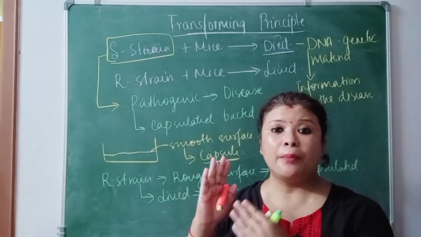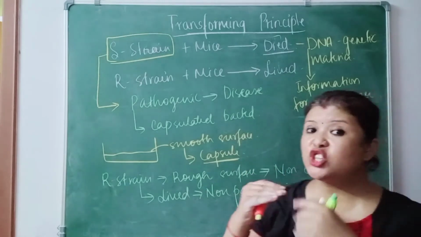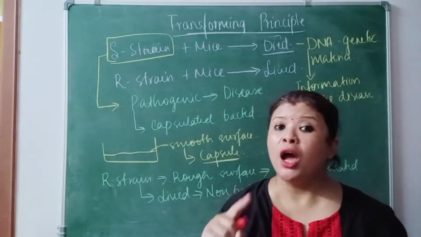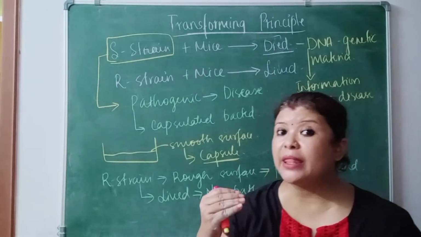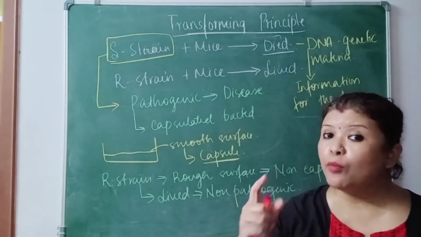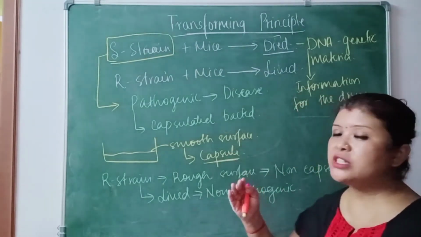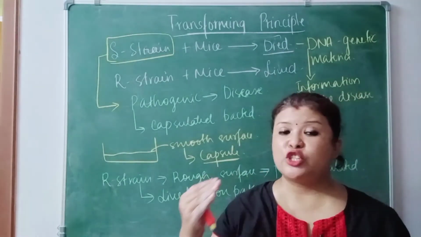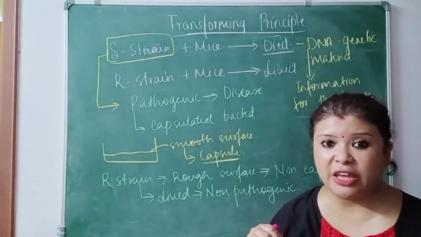The reason why Griffith conducted these two steps in the initial stage was that he wanted to confirm which is the pathogenic strain, which causes pneumonia, the disease in the mice. So these two steps confirmed which was the pathogenic strain of bacteria.